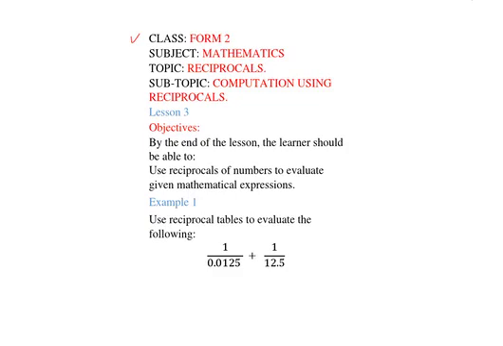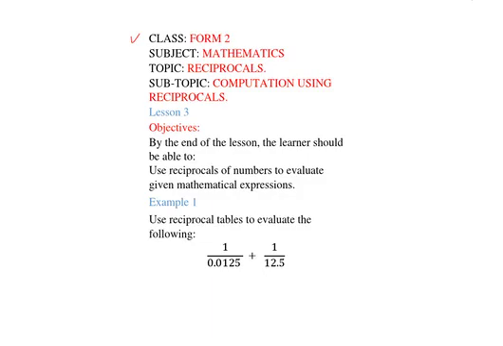So we are told in example 1 to use reciprocals tables to evaluate the following, and the expression given is 1 over 0.0125 plus 1 over 12.5.